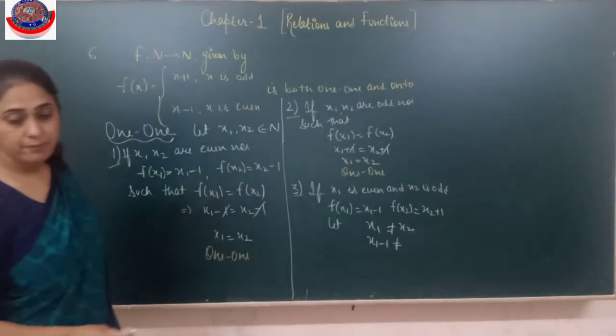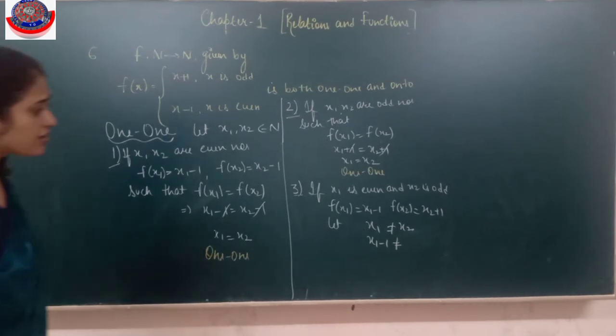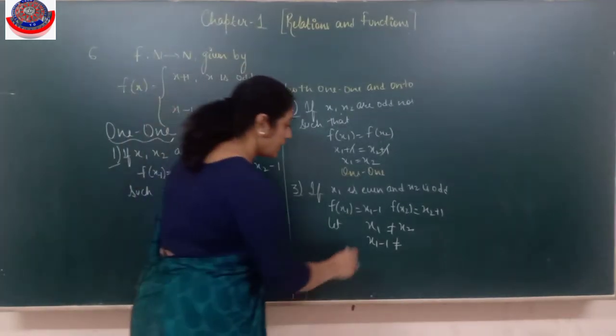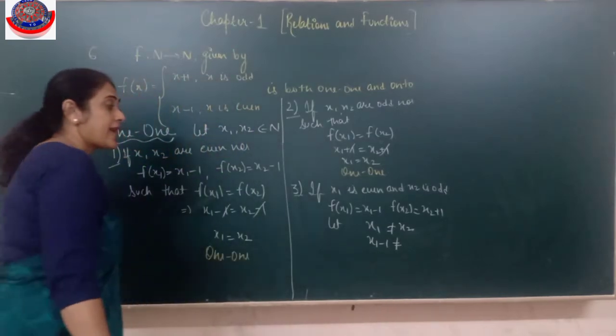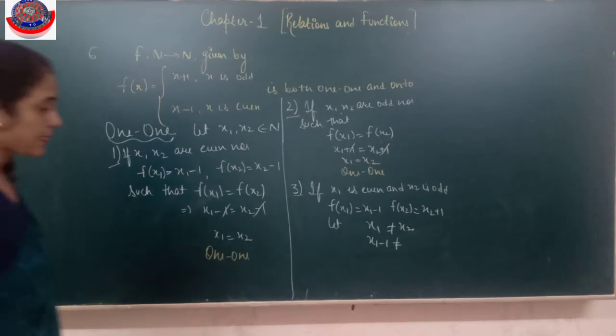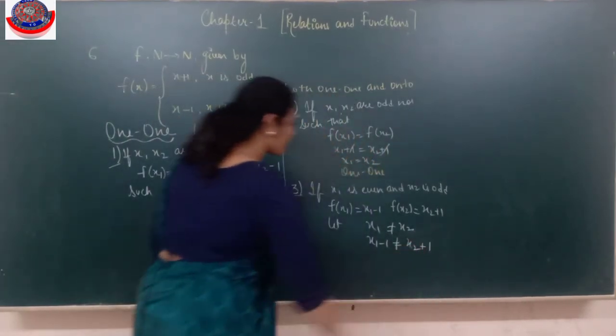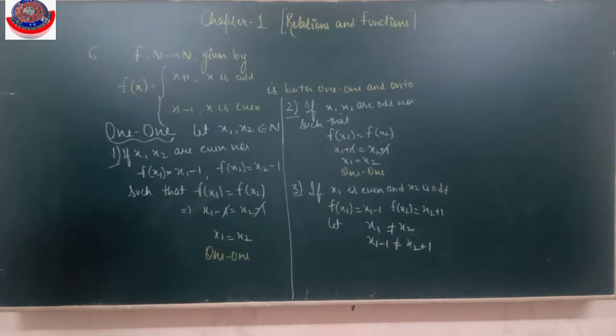So what is f of x1? I put the value here. I just assume that x1 is not equal to x2. x1 is not equal to x2. Clear? So x1 minus 1 is not equal to x2 plus 1.